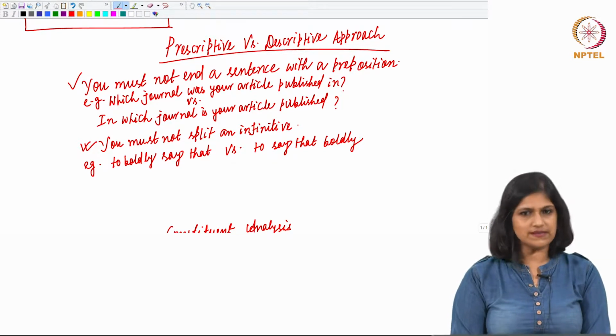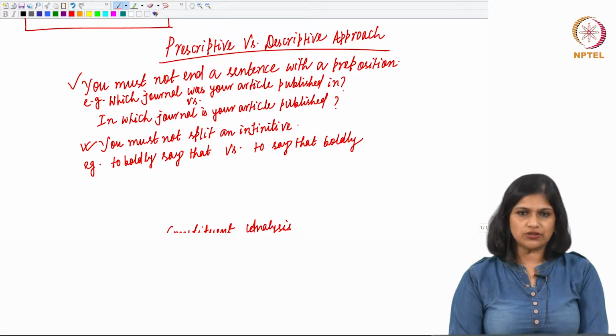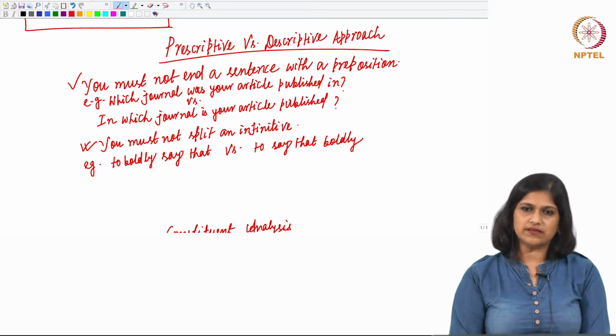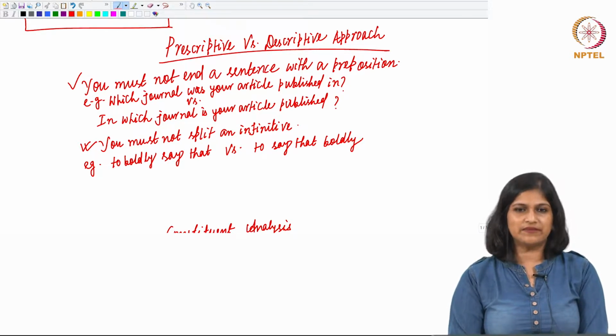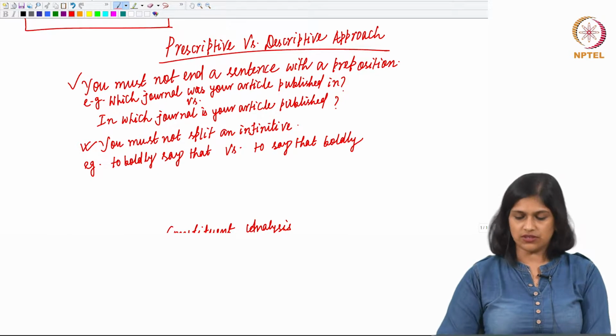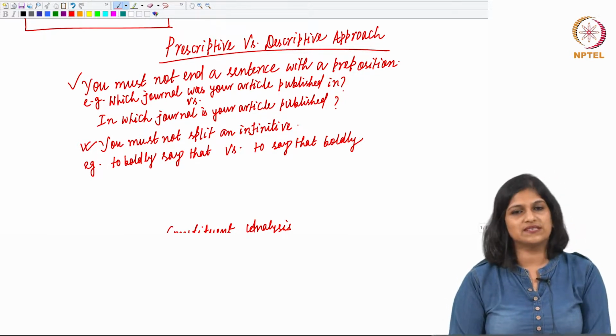Though the second one is definitely more formal, it is grammatically correct for sure. For me as a linguist, both the constructions are okay, they are grammatically correct and they are acceptable. So, though prescriptively the rule has been laid that you must not end a sentence with a preposition, I find there is absolutely no harm in doing so.